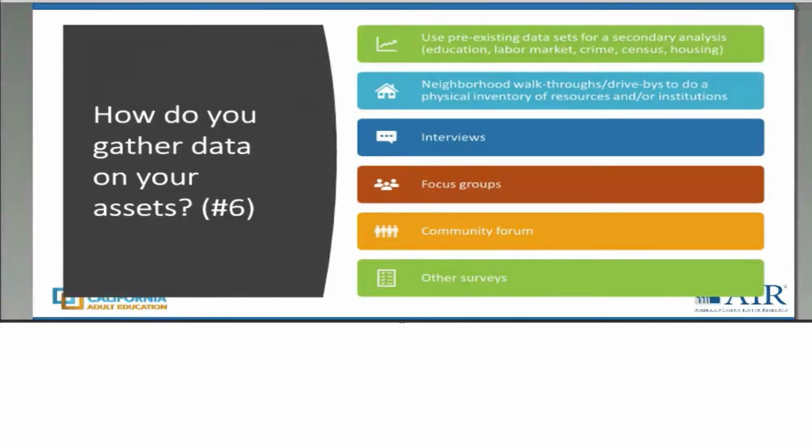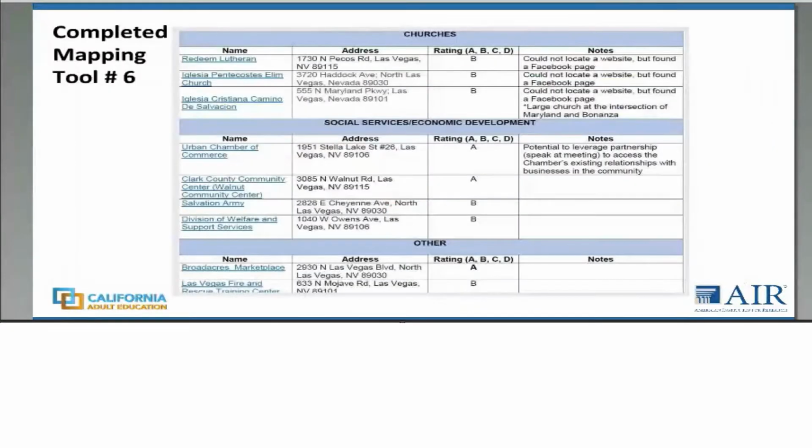I see, Marianne, we have a rating column for the asset, but where is the description to show why they're receiving that? That's what you could put in your notes, so you can use that notes section. You'll see, for example, the Urban Chamber of Commerce. The notes talk about it being an asset because you can leverage their existing relationships with businesses in the community.